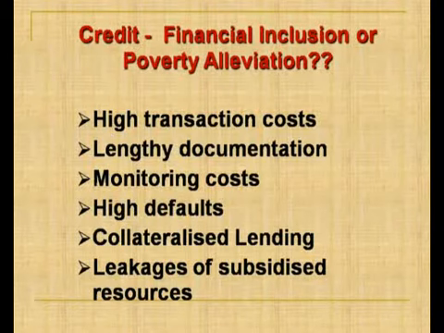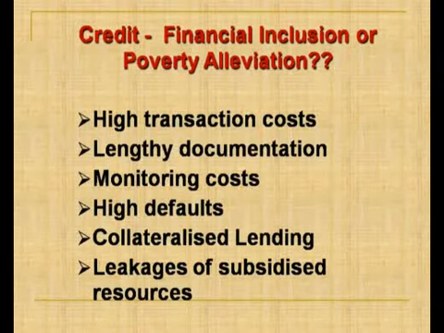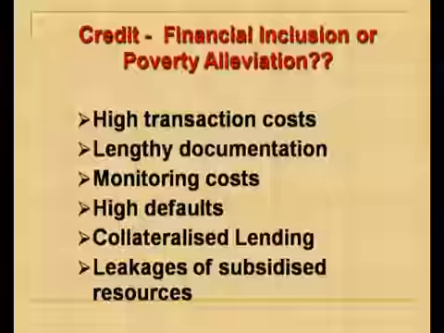Then the poor felt there was a cumbersome documentation process. Then monitoring was also very costly for the bankers. Then the default rate was very high because the poor were not able to give collateral. And the subsidized resources were also found to have a lot of leakages. So because of this, the poor were not coming into the main banking fold.